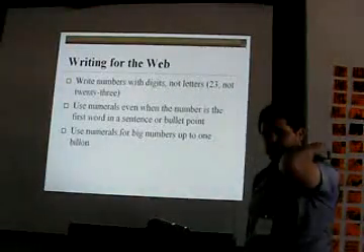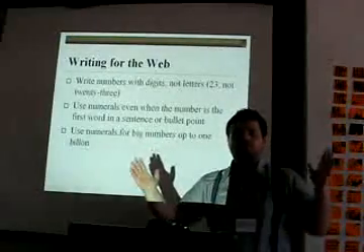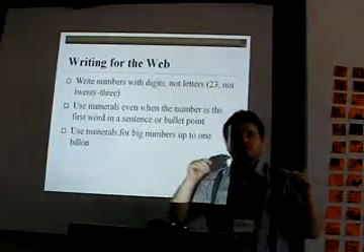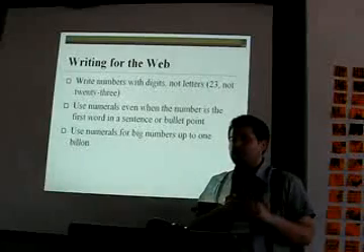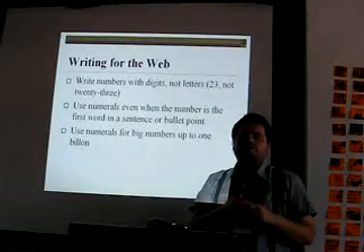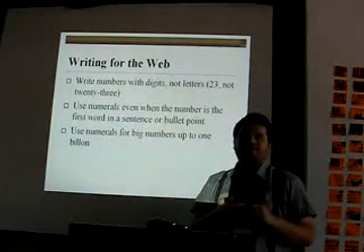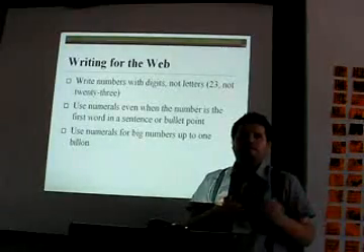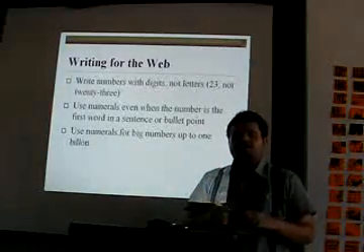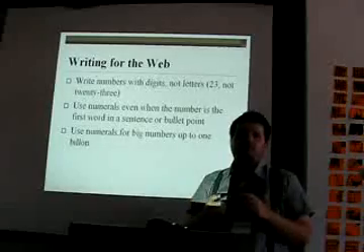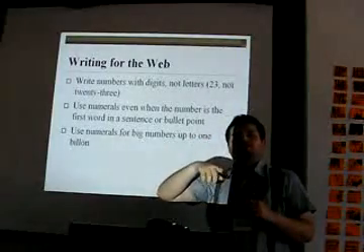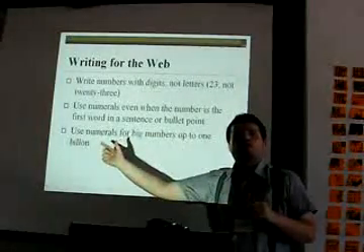And also use numerals for big numbers up to billion. Sometimes it's confusing because, for example, Europe uses million, then milliard, and sometimes you should be really careful about putting a 1 and then spelling out billion.